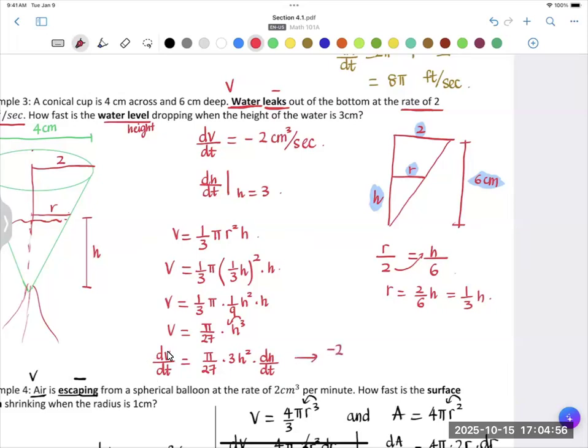So this will give us -2 equals, I can simplify the value as well, pi over 9 times h is 3, so 3 squared times dh over dt. It looks like 3 squared is 9, and 9 and 9 cancel out. So that will give you -2 over pi equals dh over dt. Okay, so the water level is dropping at the rate of 2 over pi centimeters per second.